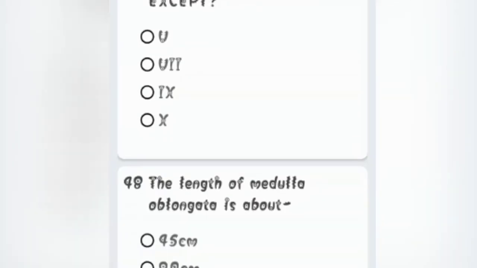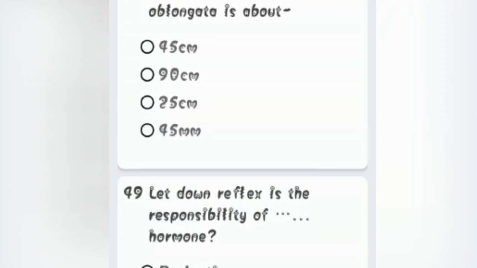Next, taste sensation from tongue is carried out by all of the following cranial nerves except option A 5th, option B 7th, option C 9th, and option D 10th. The answer of this question is 5th cranial nerve, that is option A. Next question 48.